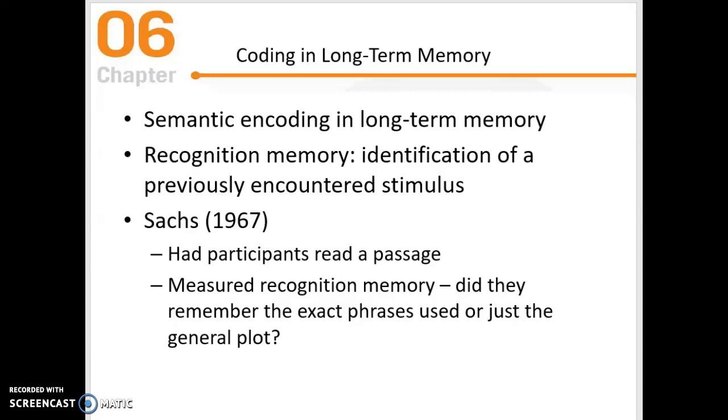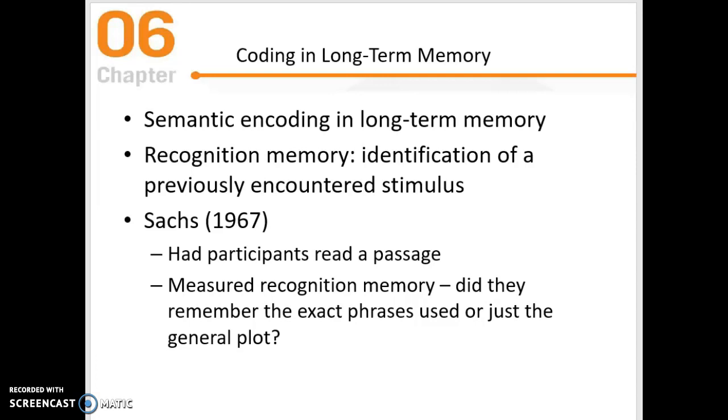If you recall, recognition is being able to acknowledge that you have seen the item that's presented to you before. So Sachs would present a sentence and would say, "Did you see this exact sentence before?" And the participants had to say yes or no. What he wanted to know was whether they remembered the exact phrases or just the general plot.